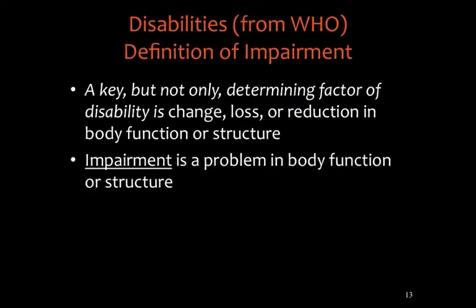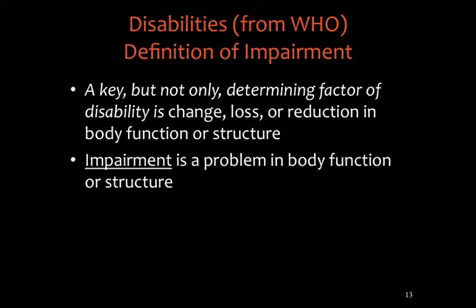The key factor, one of the key factors really in determining disability, is when a person incurs a change, loss, or reduction in body function or structure. That right there is the definition of impairment. So impairment is a determining factor in disability.